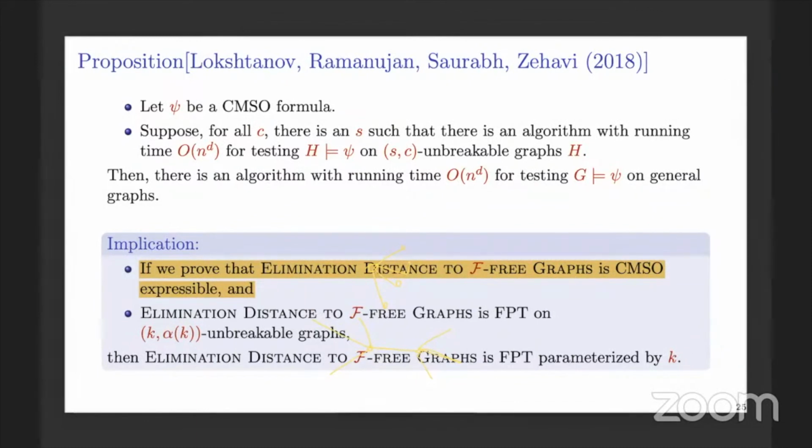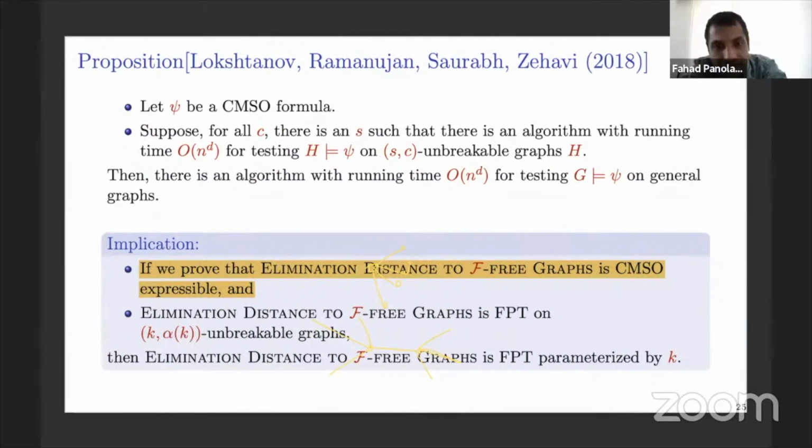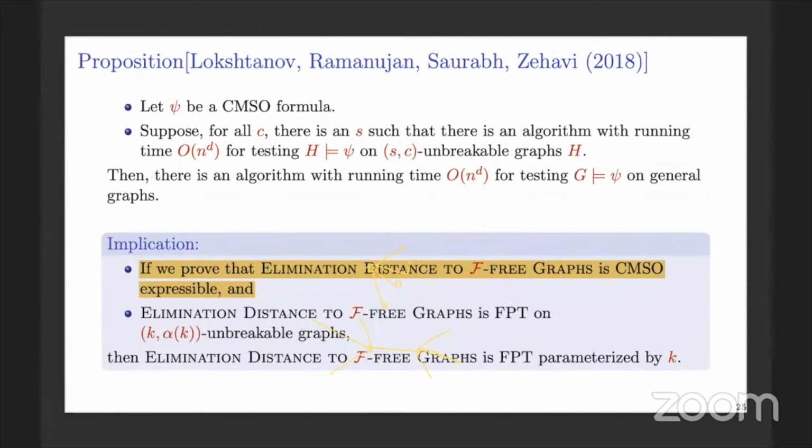One question, Fahad: there is non-uniformity at many places, right? Yes, this will be a non-uniform algorithm. I know that if you do it for unbreakable graphs, then it's for general graphs, that is non-uniform, but is non-uniformity coming up at other places as well?